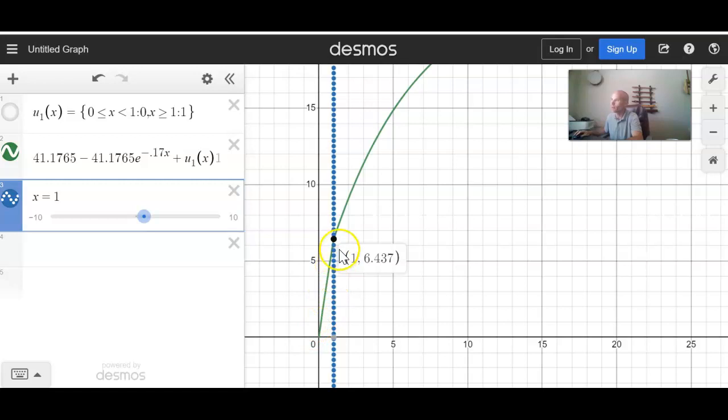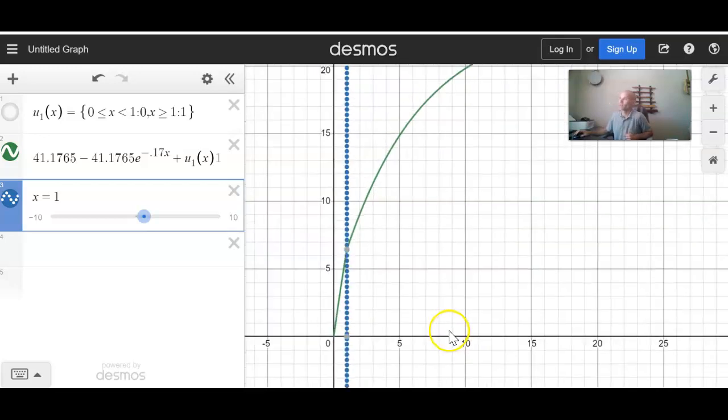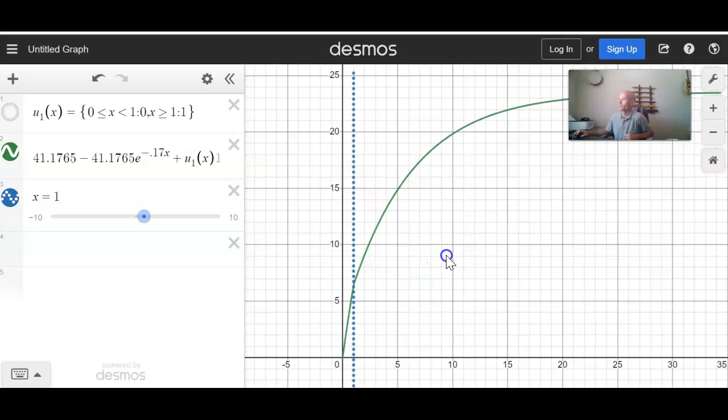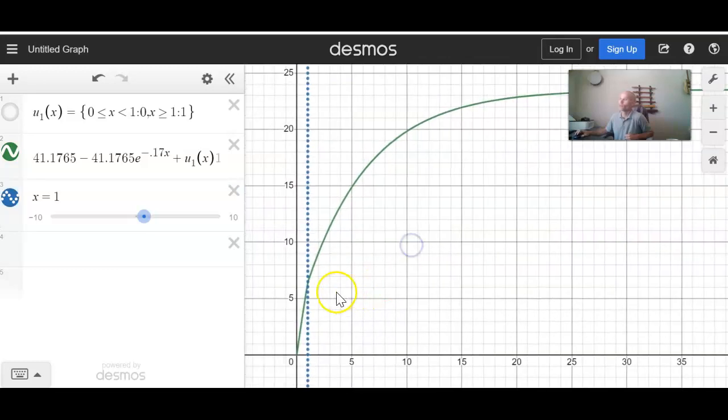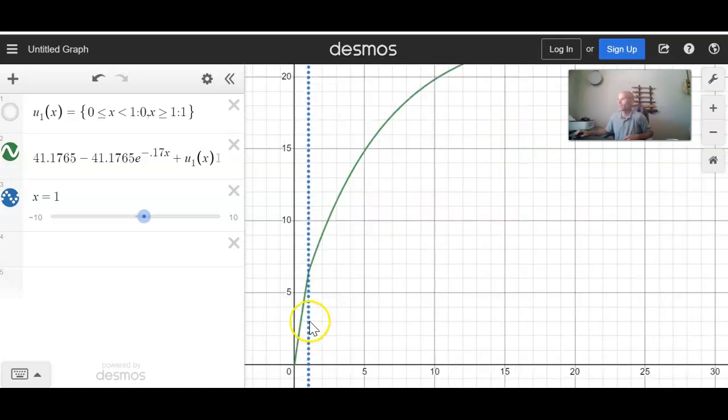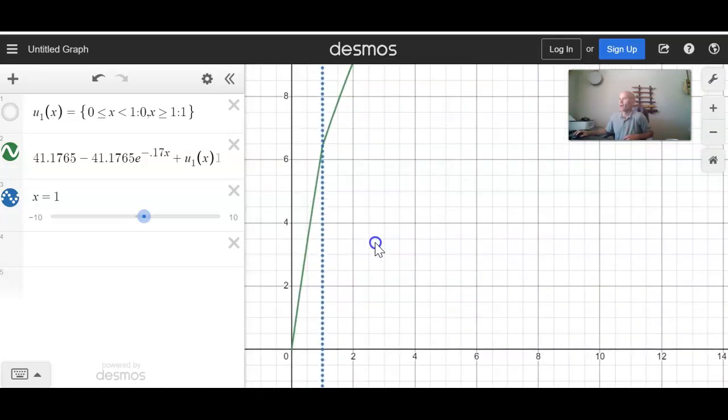Notice how steep that curve is right there. It looks like a line, but if you defined it for a longer period of time, it would actually look like this exponential graph here. But because we lowered the infusion rate, notice how the rate of change is also a little bit less than it was back here. So that's where interesting stuff happens.